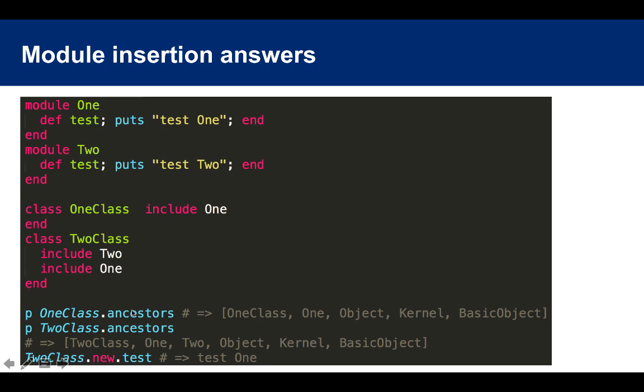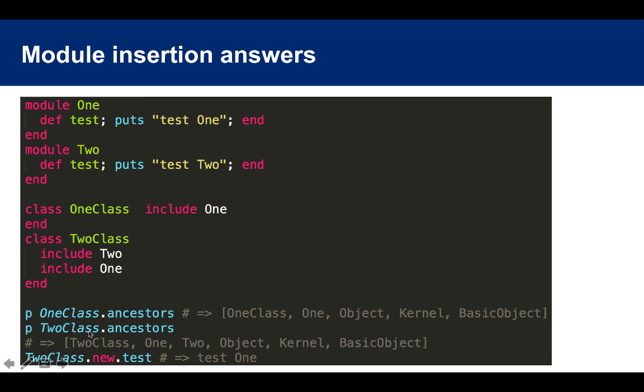You could always look at the chain of methods, the ancestors, right? For example, One class in this case, which just includes the One module, has ancestors that are going to be the One class itself, and then One, which is a module that it includes, and then Object, Kernel, and BasicObject.